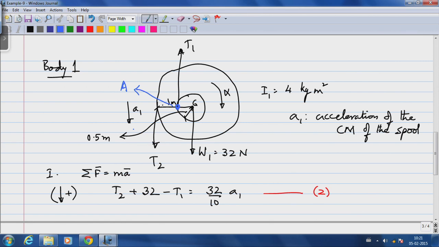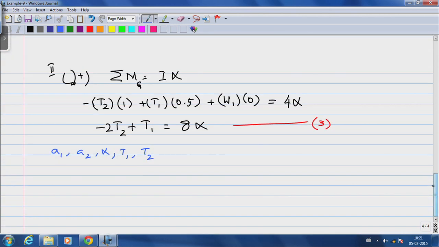It is akin to a cylinder rolling on an inclined plane under no slip conditions. So, at this point A, there is no movement, there is no slip between the cable and the spool. So, we need 2 more equations, and these 2 equations come from applying the laws of kinematics.